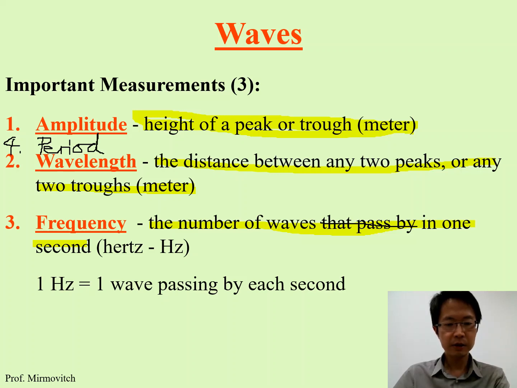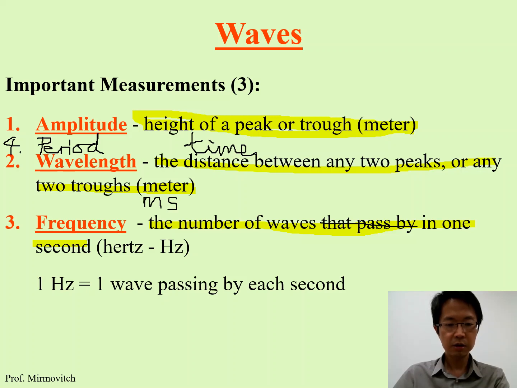Period is, instead of the distance, is the time between any 2 peaks or any 2 troughs. Instead of meter, it will be millisecond. It will be millisecond here.